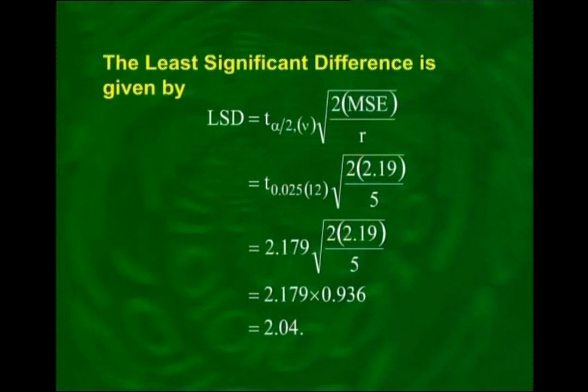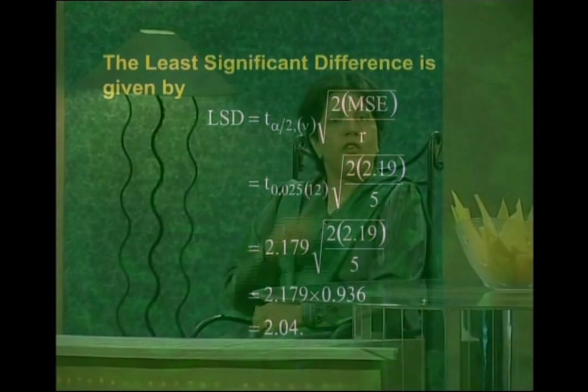Since our level of significance is 5%, t_(alpha/2, nu) is equivalent to t_(0.025, 12 degrees of freedom), and looking up the t table and performing all the calculations, the LSD comes out to be 2.04.